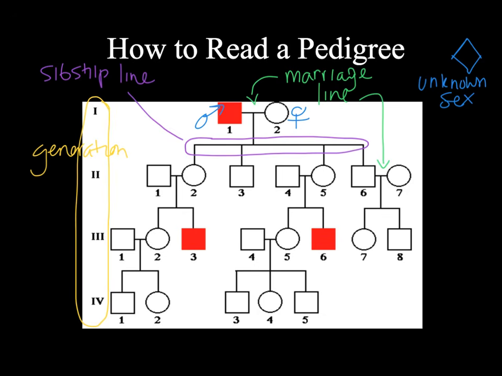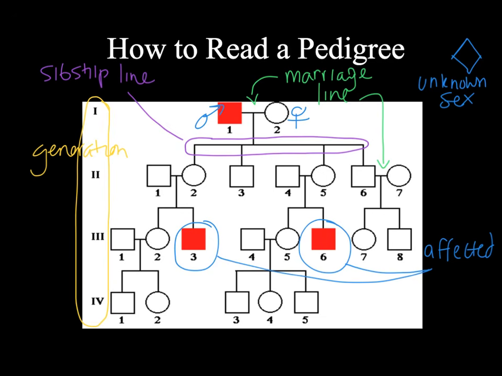Now, like I said, we use a pedigree to trace traits through generations. So, often when you're looking at a pedigree, you'll see some circles and squares that are shaded in, and some circles and squares that are left unshaded. The circles and squares that are shaded in represent individuals who are affected by the trait that you're tracing, maybe affected by hemophilia or affected by sickle cell anemia.